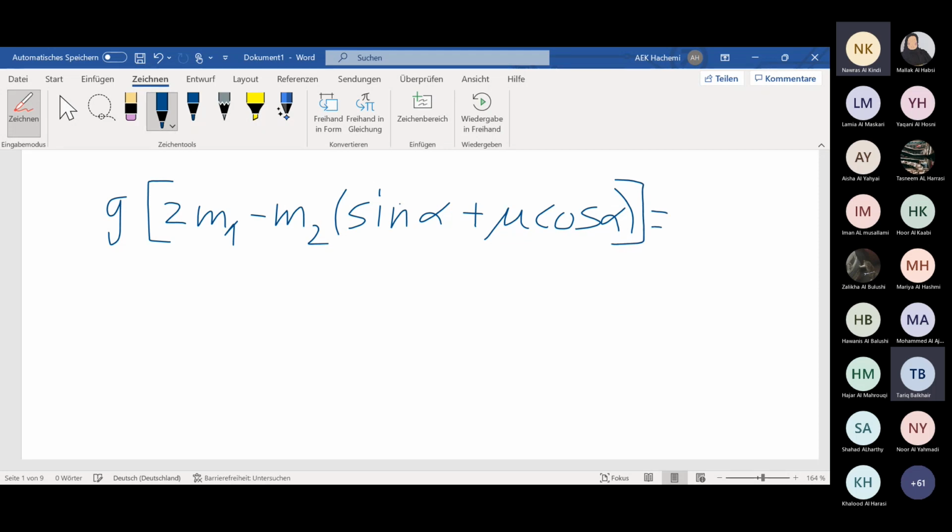This will be equal, I will write it here, for M1, I will write it here.